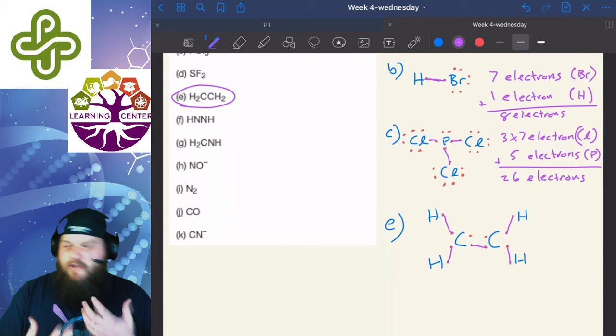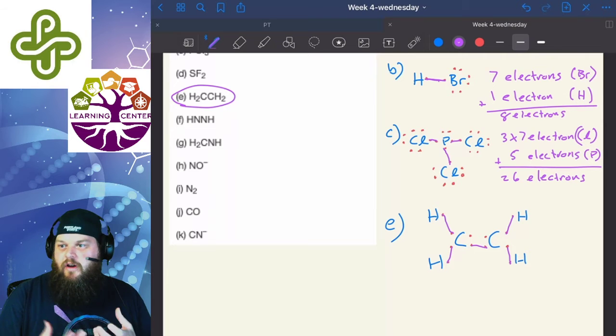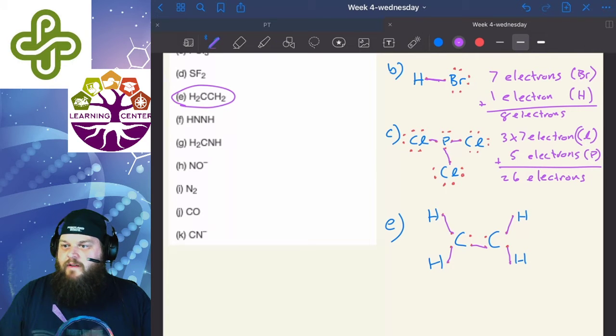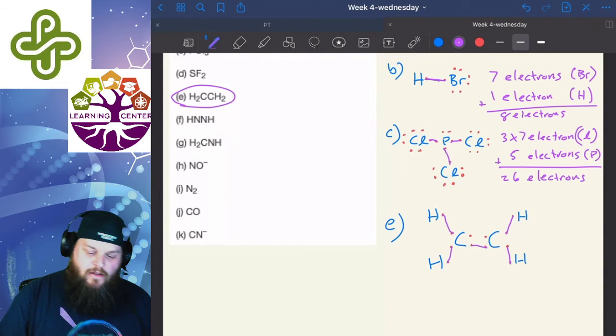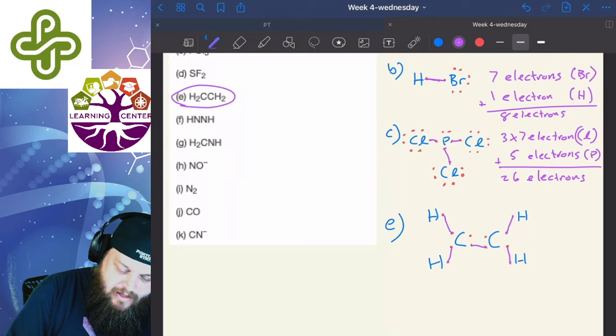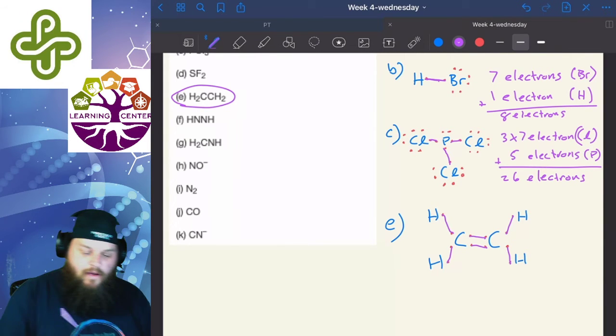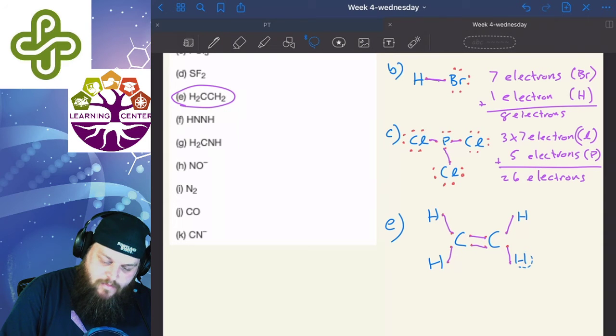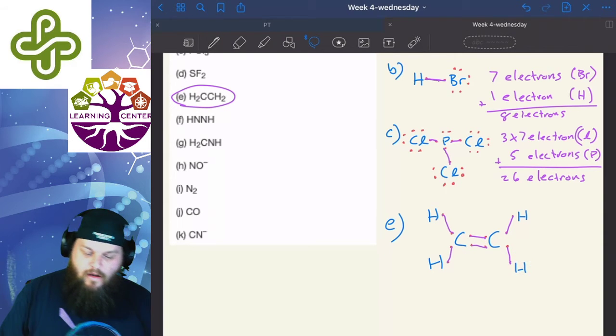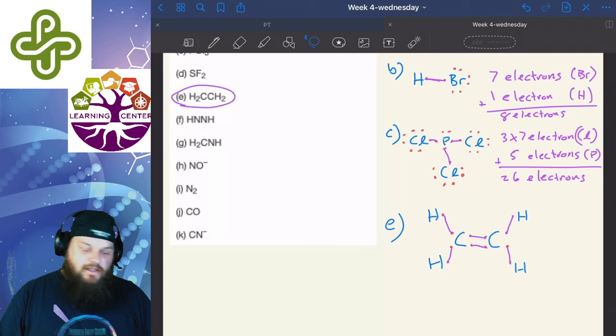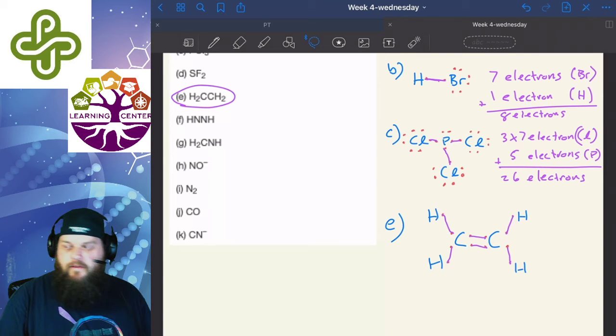But we have this extra electron floating on each of those carbons, and we notice that they don't have an octet. They have 3 sigma bonds each, and then 1 extra electron. So they don't have the 2 electrons they need to make a pair, so they have that double bond in there. And now we have the Lewis dot structure of H2CCH2.